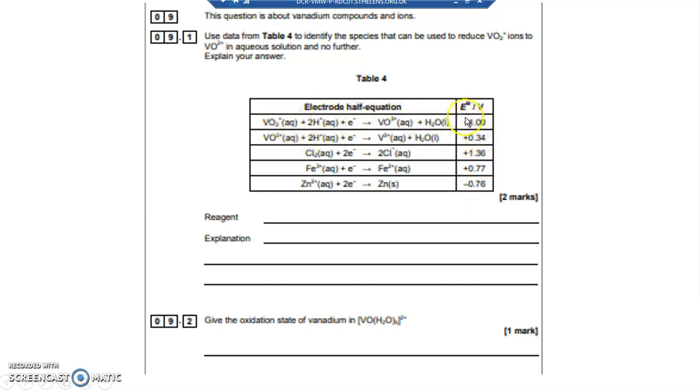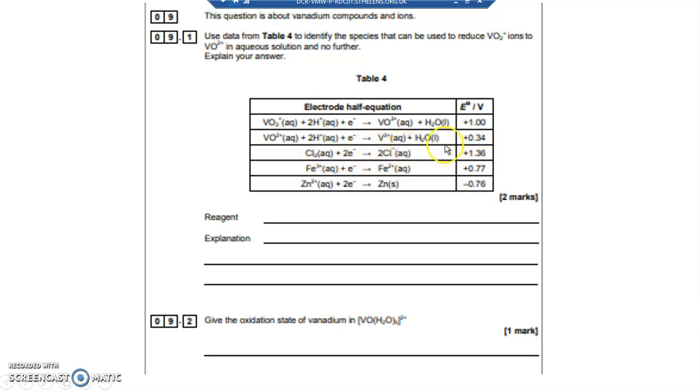So say for example this Cl2 plus 2 electrons to 2 Cl minus would be plus 1 for this one in this direction, reduction, and this one will be forced into oxidation, minus 1.36. Plus 1 minus 1.36 is minus 0.36, so that wouldn't go ahead. So it can't be this one.